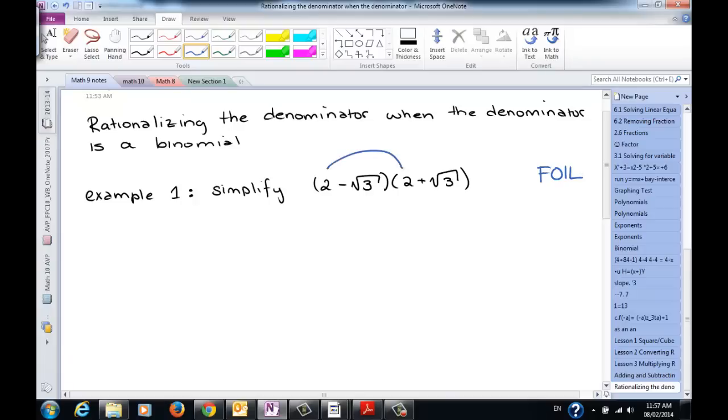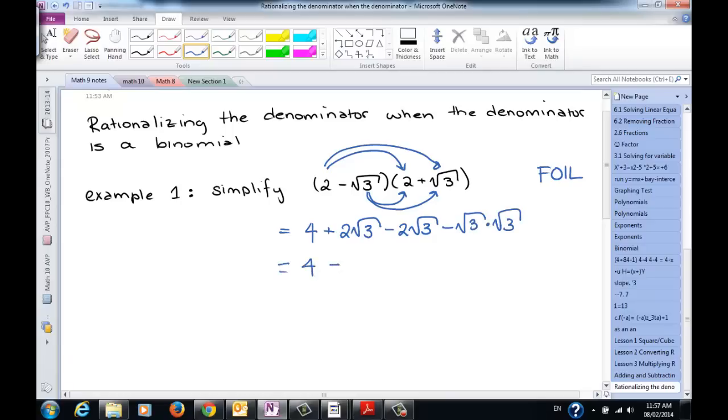So I've got my first, which is equal to 4, outside, which is positive 2 root 3, inside, which becomes negative 2 multiplied by root 3, and my last, which becomes a negative root 3 multiplied by root 3. Alright, so I'm going to simplify this.